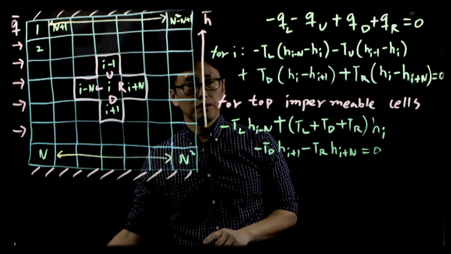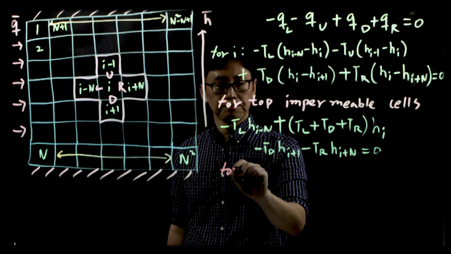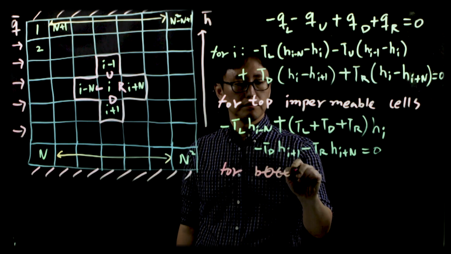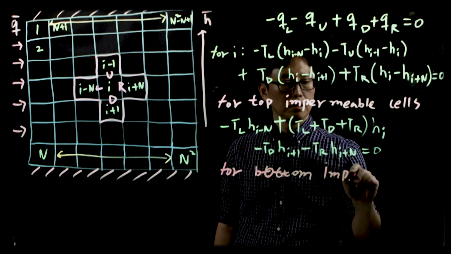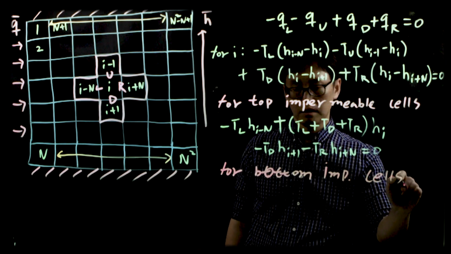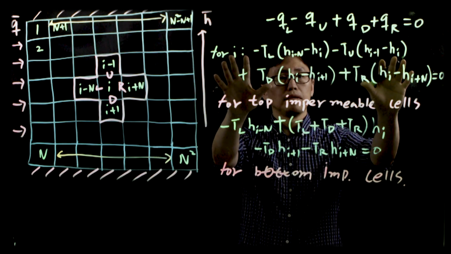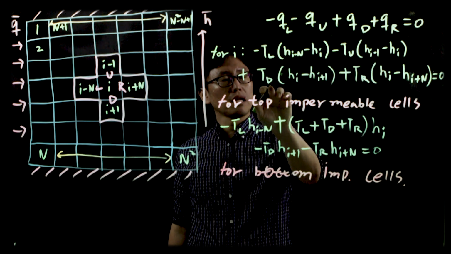And for the bottom impermeable cells, we have this equation again, but this time we have to cancel the down interface term.